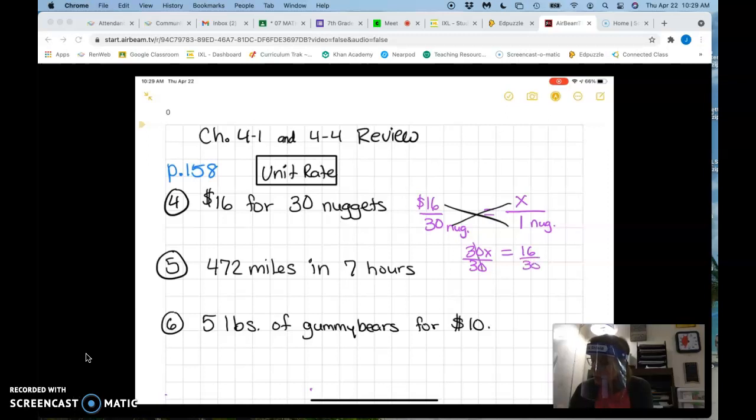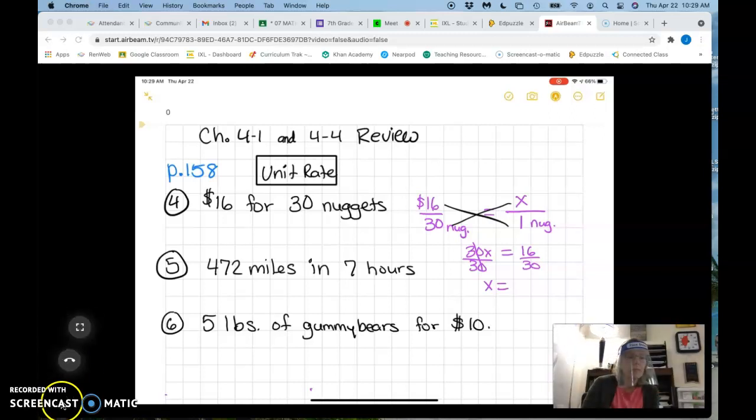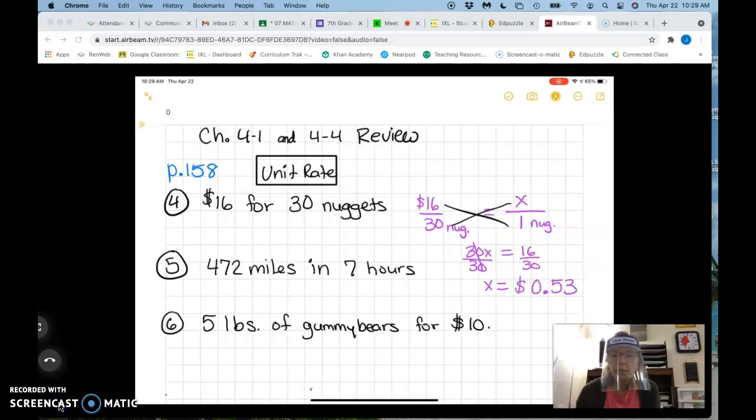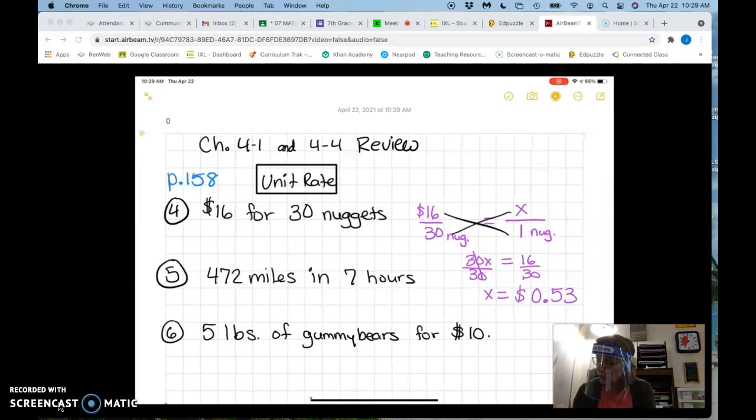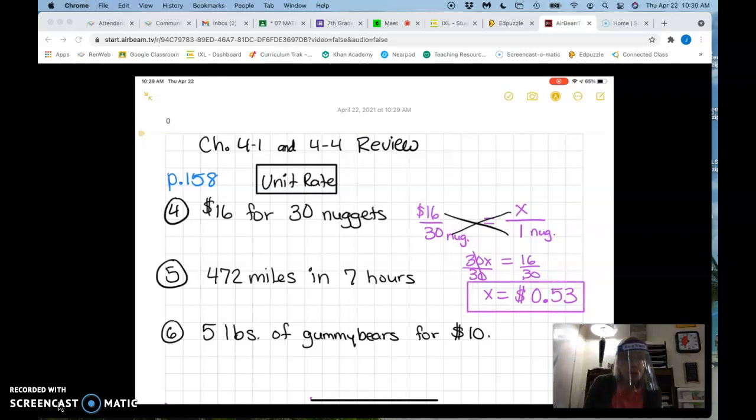So you people with the calculator handy, what is 16 divided by 30? We found out that 16 divided by 30 is 0.533, and we rounded to 2 places after the decimal because we're talking about money. So we need it to look like money. So 53 cents per nugget. That's the price per nugget.